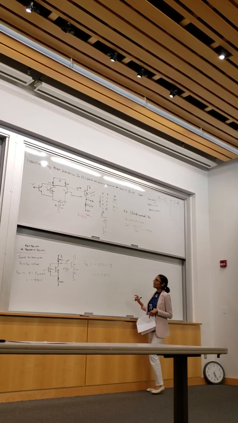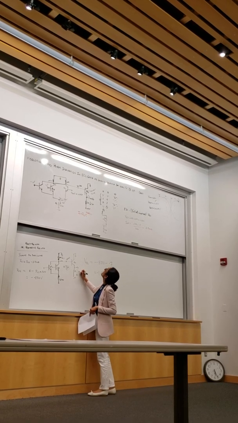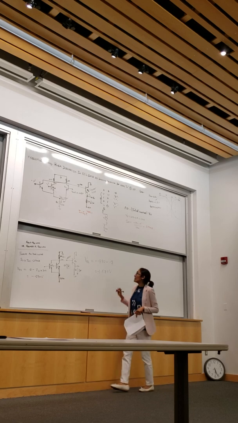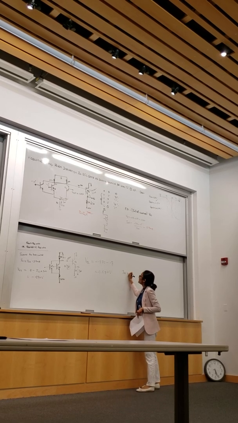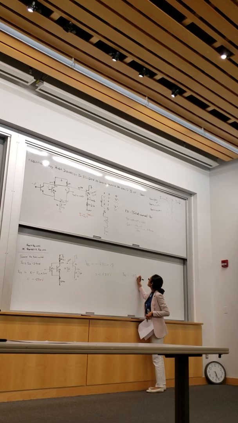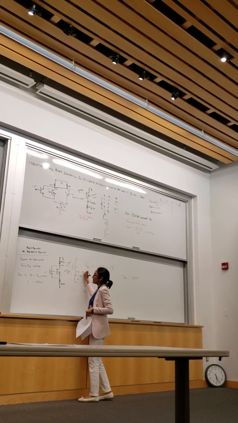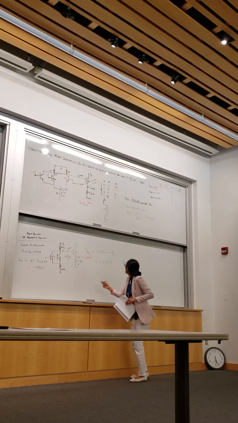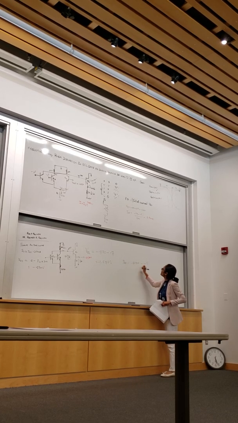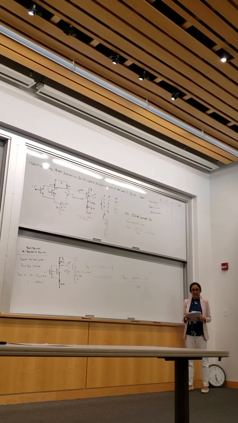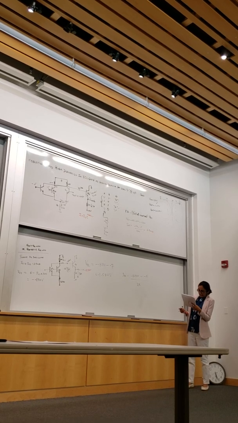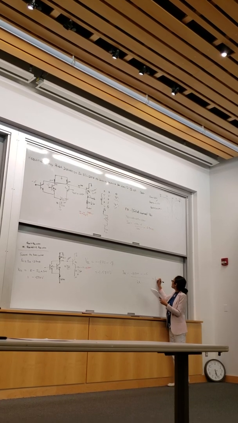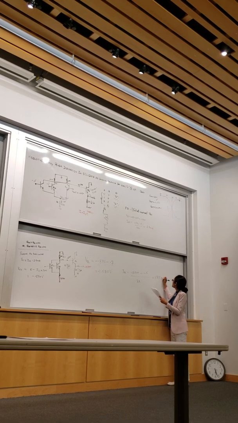Okay. Now, can you get the current here? So IRE, what is IRE? This node is sitting at minus 1.570 volts, right? That's going to be minus 1.570 minus negative 5, divided by 2. Good. So that's going to give you a current that, in my notes, I calculated as 1.715 milliamps.